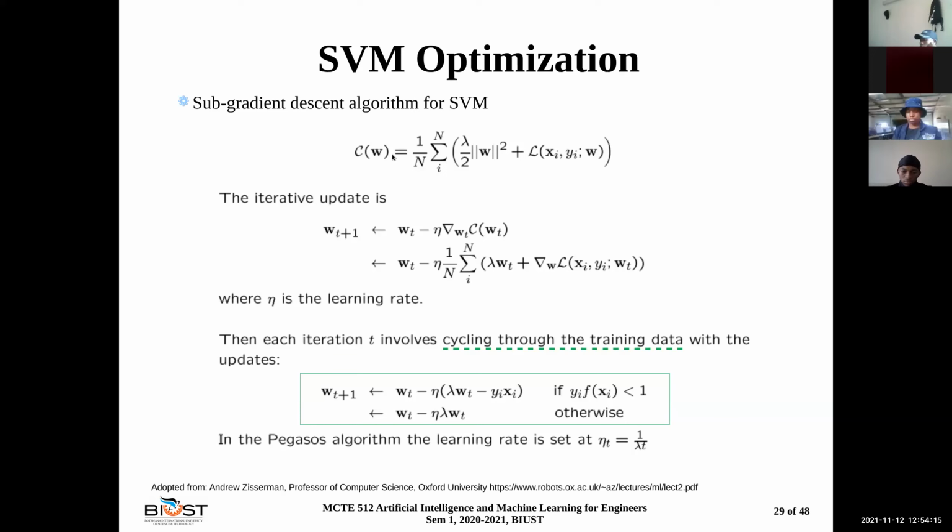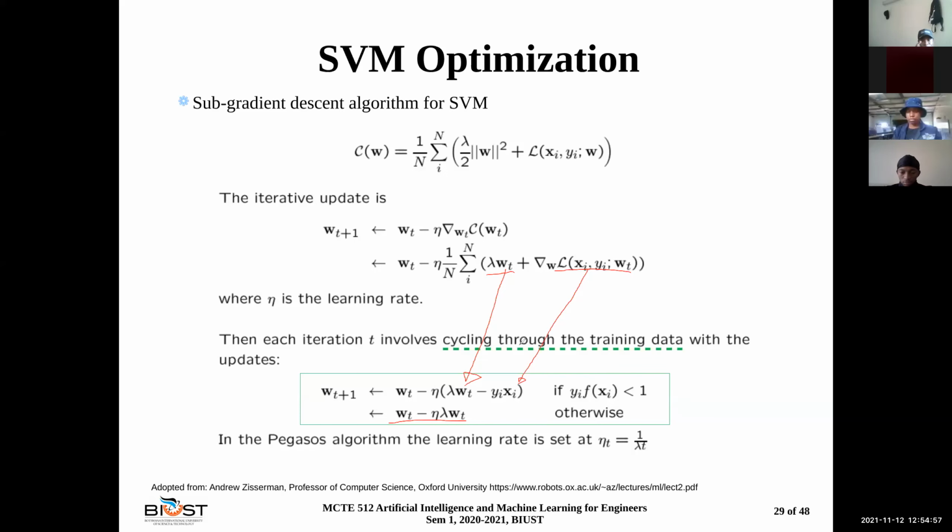If you take the gradient of this function, it will be a function of the weight plus the gradient of the Lagrangian, which can be simplified into this part. When your yi f of x is less than 1, that is misclassified, then you have a correction factor. If it is not misclassified, then you correct your weights according to this equation.